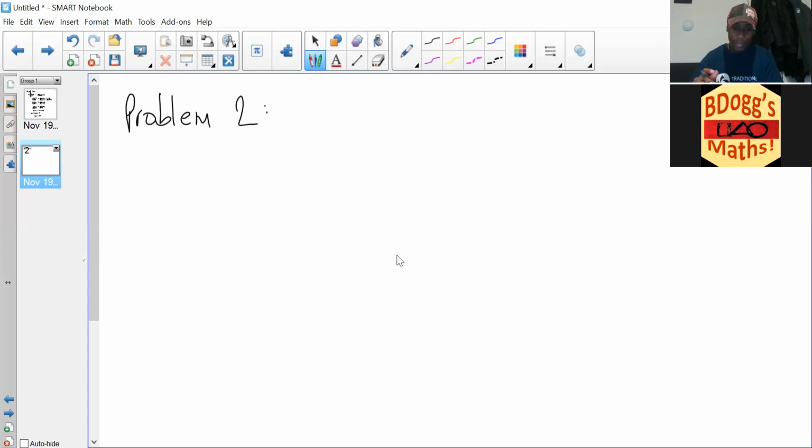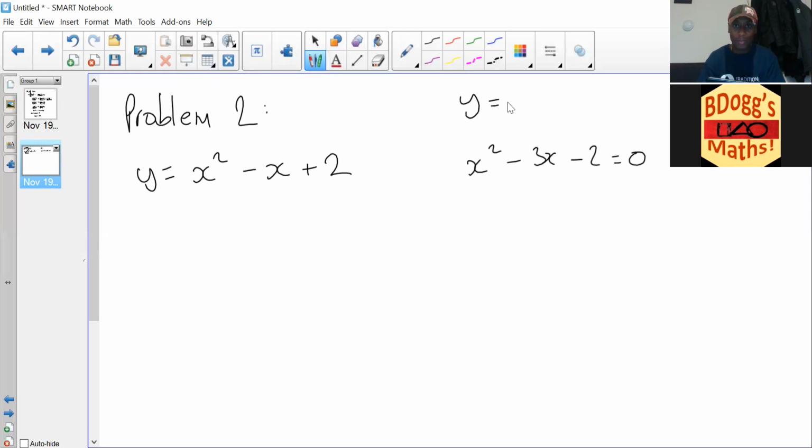State the equation of the line which you should draw through the graph of y equals x squared minus x plus 2 in order to solve x squared minus 3x minus 2 equal to 0. And I need to give my answer in the form y equals mx plus c.